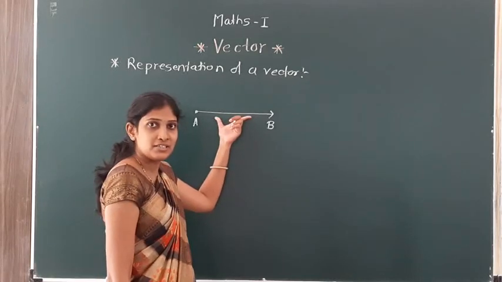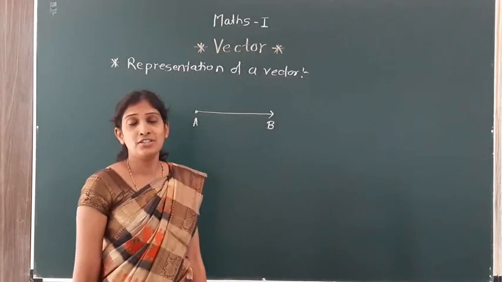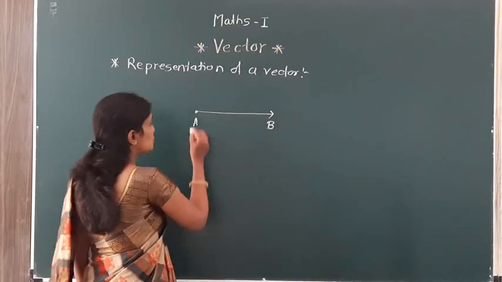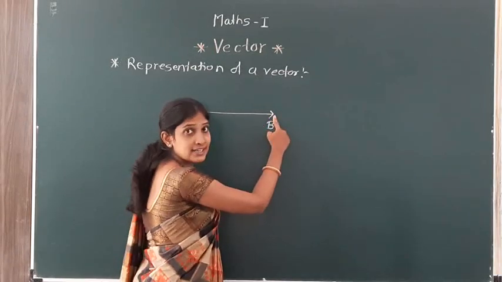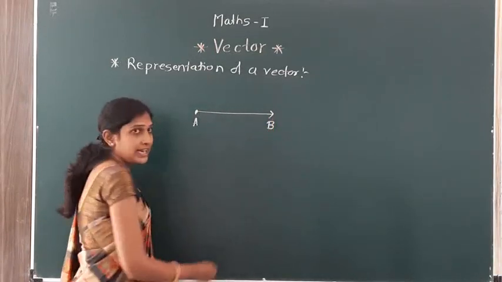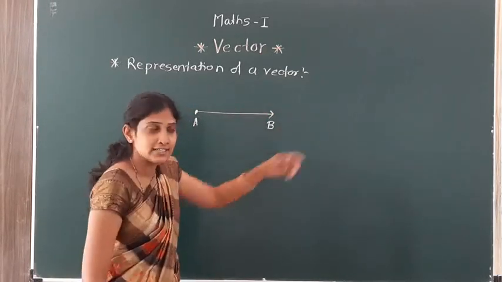The line segment which has magnitude and direction is called a vector. So this point is its initial point and this is the terminal point, and we act the force here. The direction is on this side.